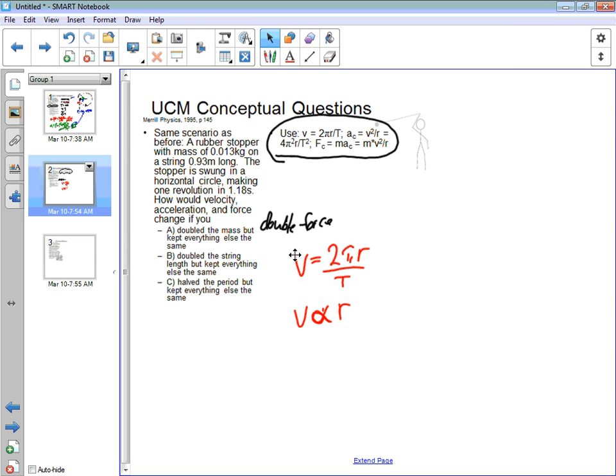If we say V is proportional to R, that means if we double one, we double the other one. Okay? Now, what happens to the acceleration? If we double the R, what is going to happen to the acceleration?